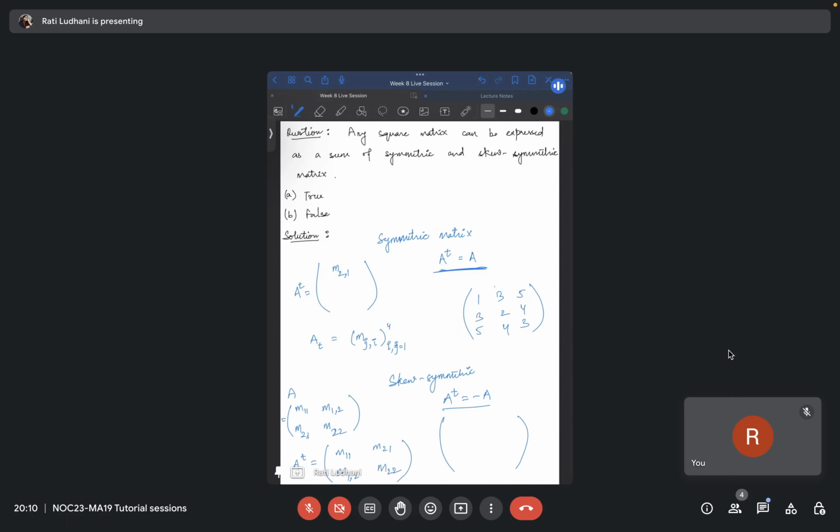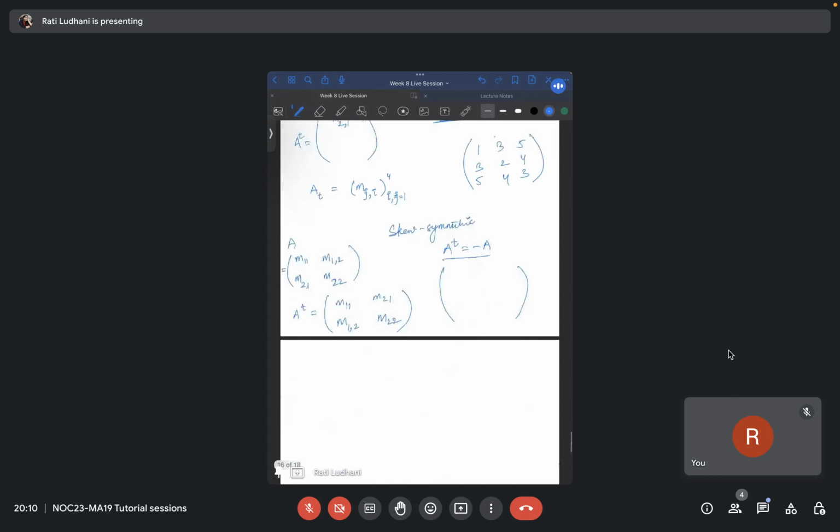So what we are saying is, you have been asked whether A transpose is equal to minus A or not. So all the entries: M11 should be equal to minus M11, M12 is equal to minus M21.